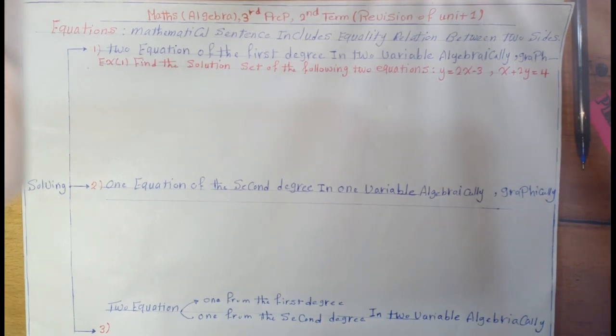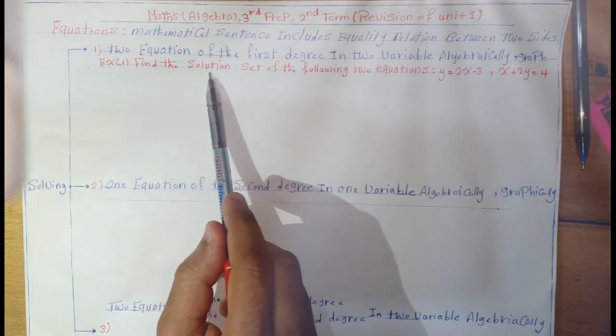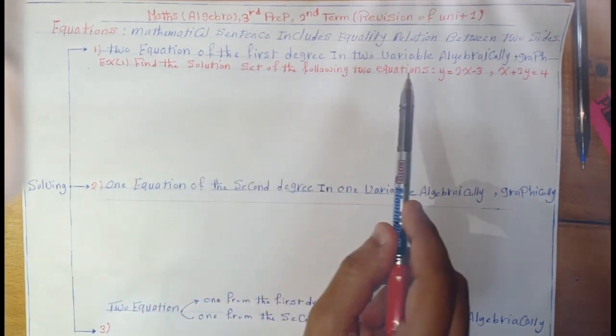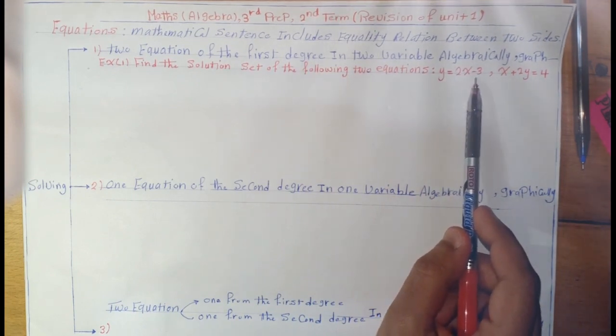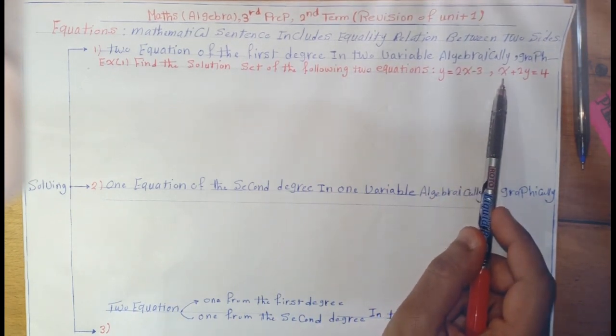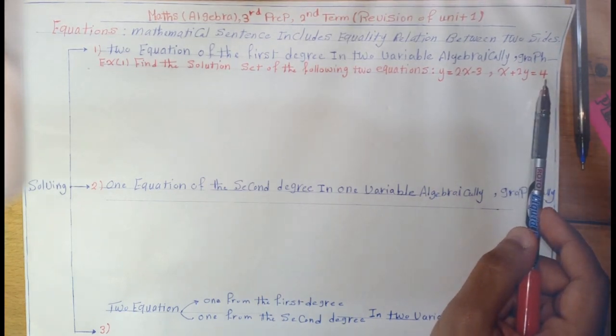Okay, to understand, let's take an example. Example number 1. Find the solution set of the following two equations. Equation number 1, y equals 2x minus 3, and equation number 2, x plus 2y equals 4.